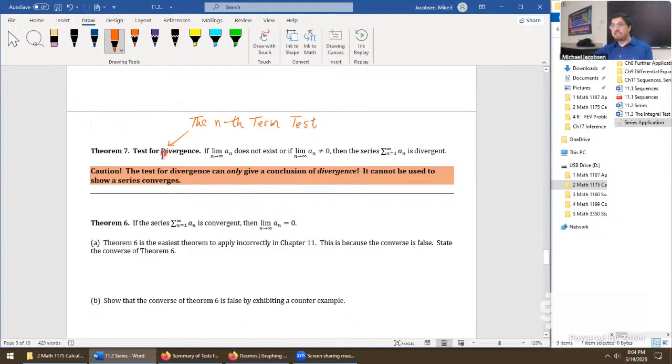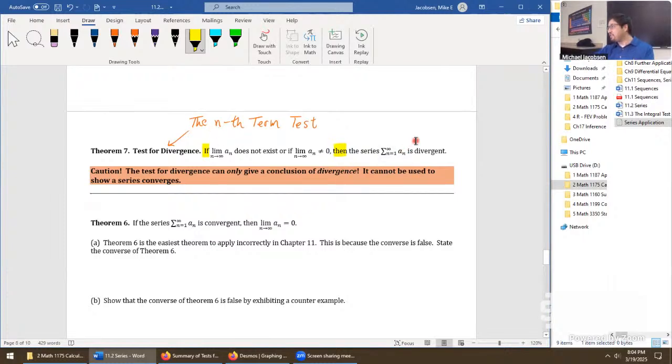Test for divergence says, if the limit does not exist, or if the limit is non-zero, then the series is divergent. This is a full-on contrapositive to theorem 6. But same issue with theorem 6, it's an if-then statement, which means we cannot reverse the logic on this one either.